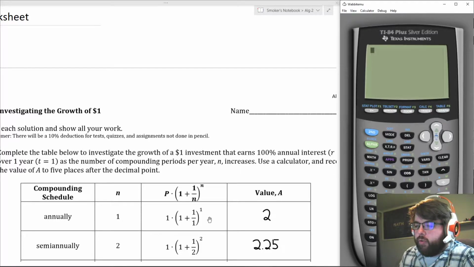So $1 would go to $2, and that makes sense because 100% interest is doubling. Compounded once would happen once. And also, if you look at this, you're going to have 1 times (1 plus 1 over 1). 1 over 1 is 1, 1 plus 1 would be 2. 2 to the first power is 2, and 1 times 2 is 2. So we get 2 from that.